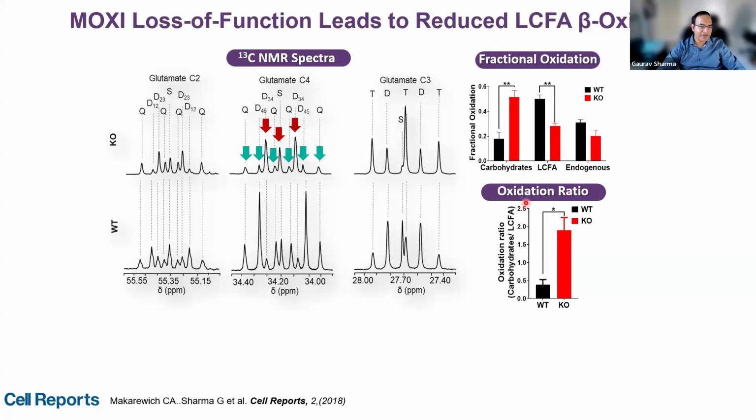If you calculate the fractional oxidation by sophisticated calculation, you see that the overall carbohydrate is increased and long chain fatty acid is significantly decreased, while there is no change in the endogenous pool. If you calculate the oxidation ratio between the carbohydrate and long chain fatty acid, that is significantly increased in a knockout of MOXIE.